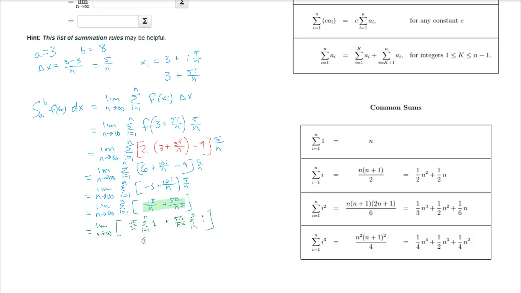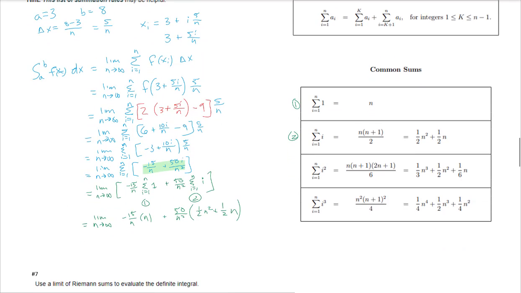The reason that we want to do that is we can use our summation rules, equation 1 and equation 2 right there, to rewrite these summations just in terms of n's. So you have negative 15 over n, the summation of 1 is n, and 50 over n squared, and the summation of i is 1/2 n squared plus 1/2 n.